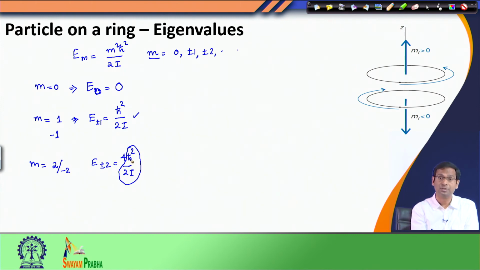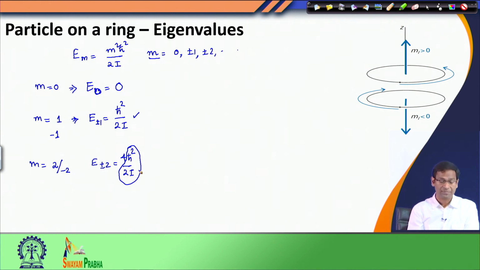This is a constant because h bar is the universal constant and I is a constant for the particular problem in our hand. So, the energy of the system would keep on increasing as I increase m value, but no matter what value of m I take, as long as m is not equal to 0, the energy levels are going to be twofold degenerate, or doubly degenerate.